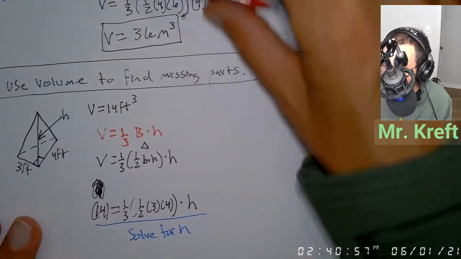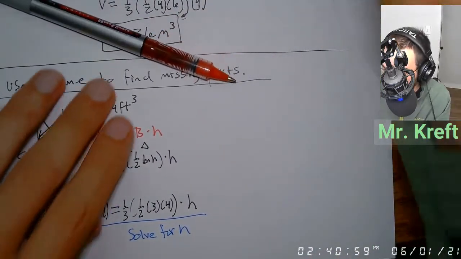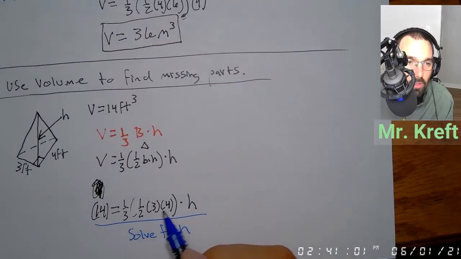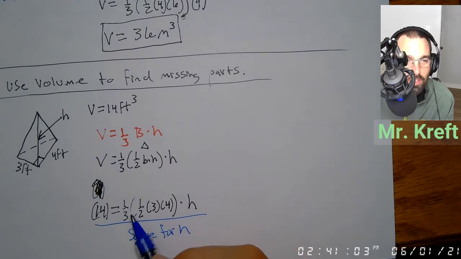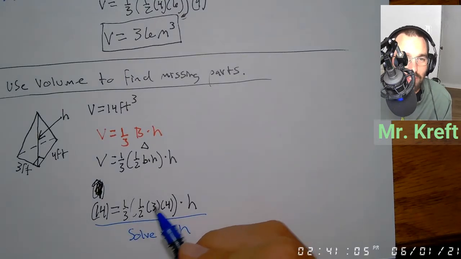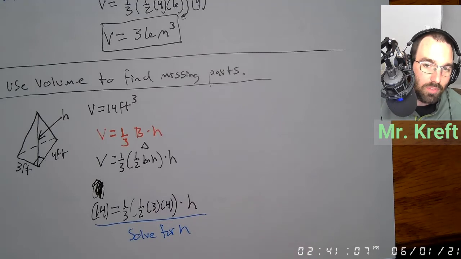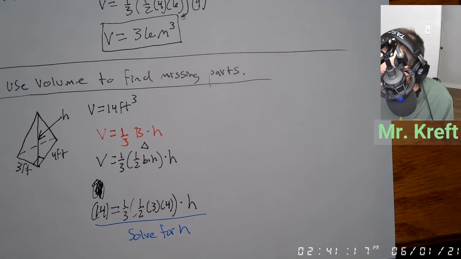So to do that, there's actually a really quick and easy way to do this. Notice how this is all multiplication on the right. It's 1/3 times 1/2 times 3 times 4. Well, what's the opposite of multiplication? The opposite of multiplication is division. So all we're going to do is divide.